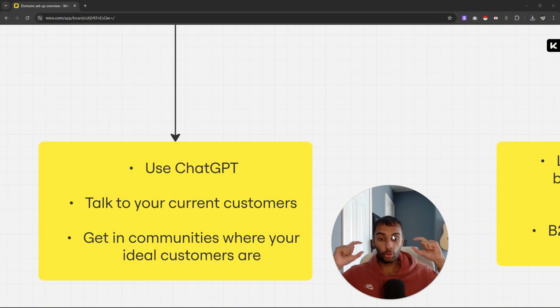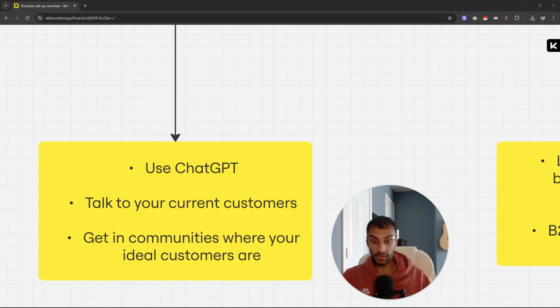So you will literally be going to where they reside, in the communities and groups, and you can directly ask them, hey, just out of curiosity, what do you think of Facebook ads? What do you think of this software? What do you think of Google ads? What do you think of whatever, right? So just use these three methods and you will get back a ton of feedback.